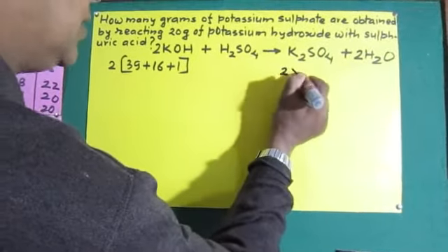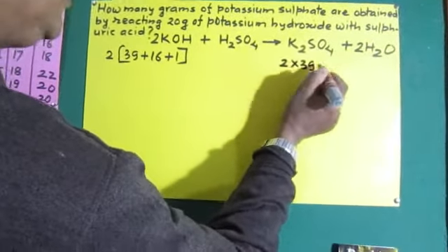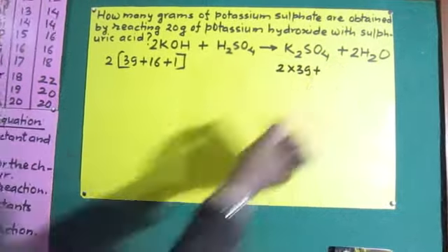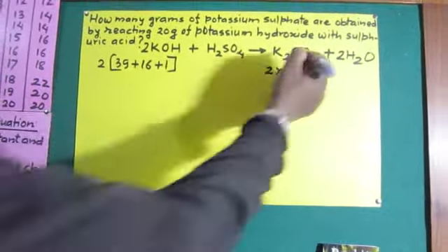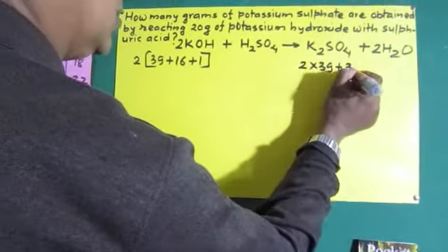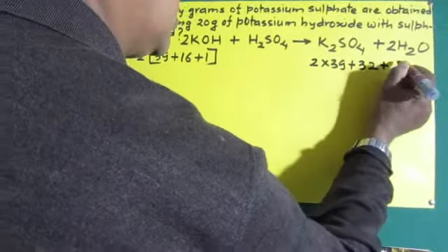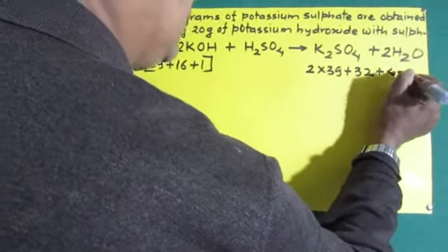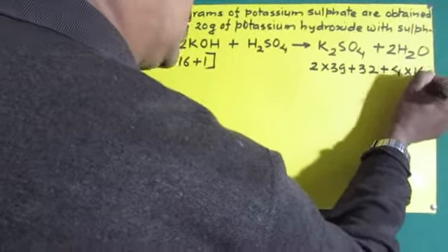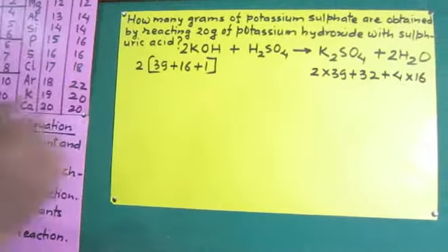2 multiplied by 39 plus sulfur. Sulfur's atomic mass is 32, plus 4 atoms of oxygen each having atomic mass 16.